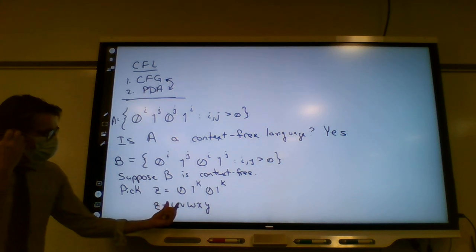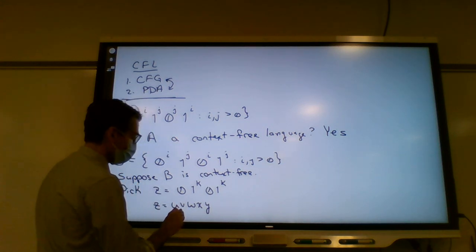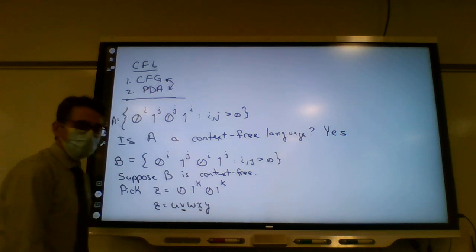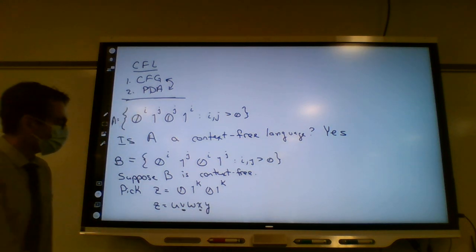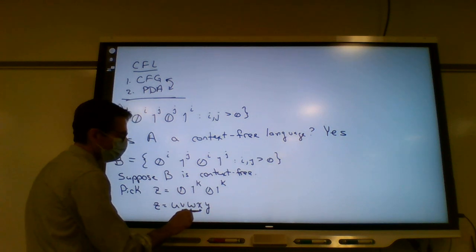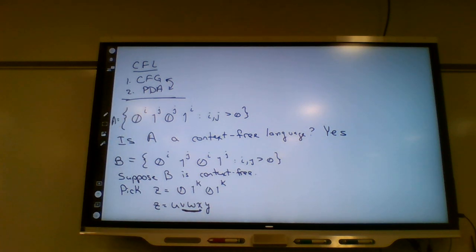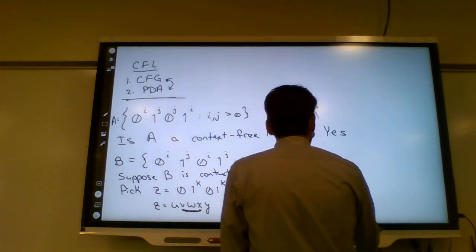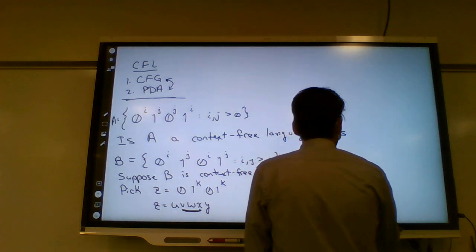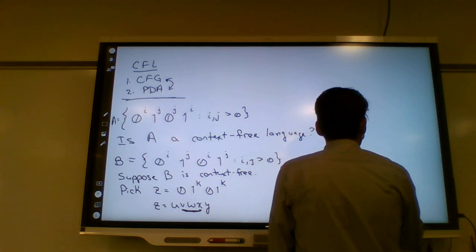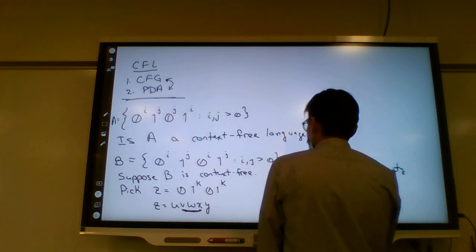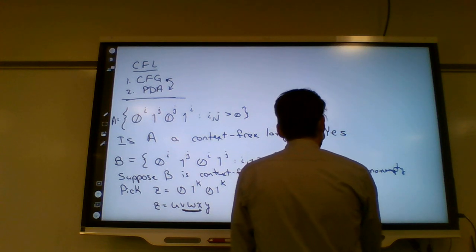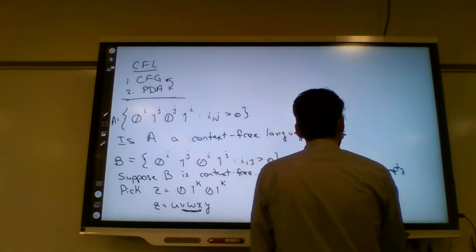where the vx part is non-empty, and where the length of vwx is less than or equal to k.